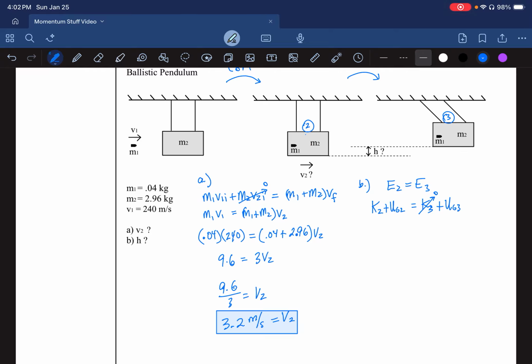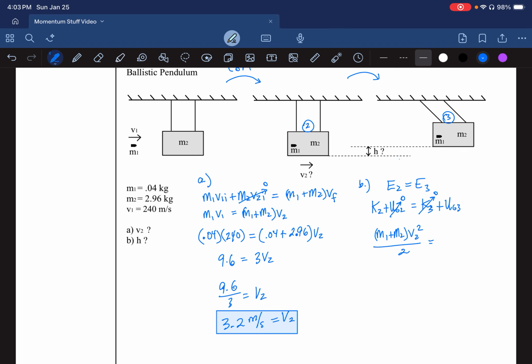Because at 2 it's like at the lowest point, I'm going to cross out UG. We'll make that 0 height. And then we just have K2 equals UG3. Well, the kinetic energy at 2 is just m1 plus m2 times v2 squared over 2.